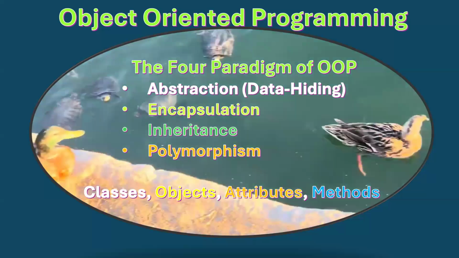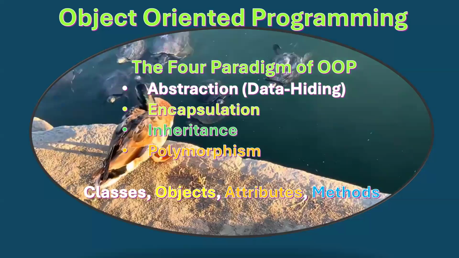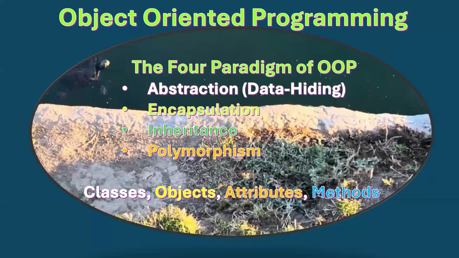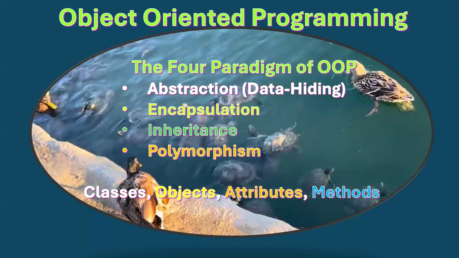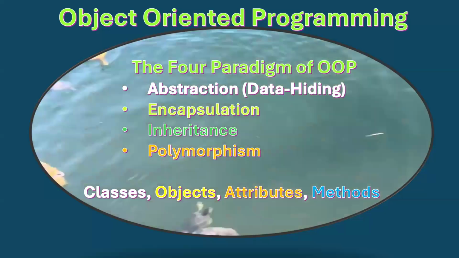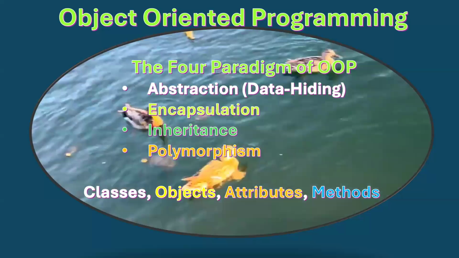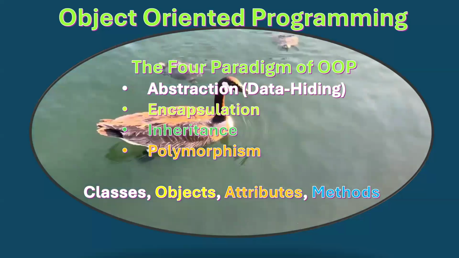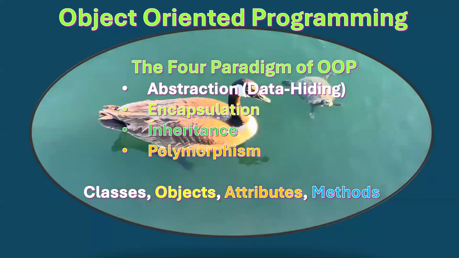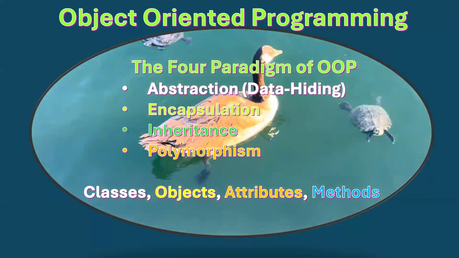Now you define the name of the goose or the duck or the turtle or the fish or the bird. Once you give it a name, that's one of the attributes. The size, the color, the shape, all of these are part of the properties that that object can take. And then what are the methods or functionalities that that object can do?